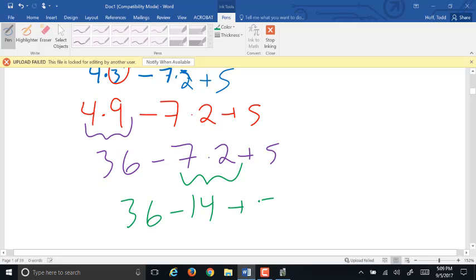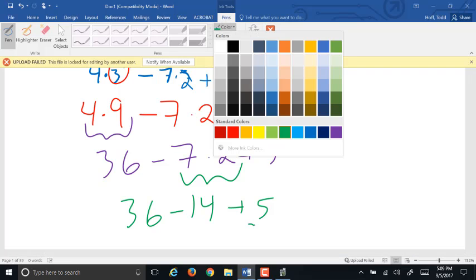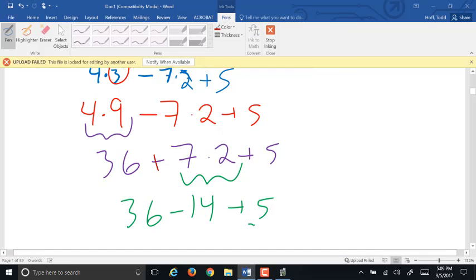Now I get asked here all the time, why did I treat that as a positive 7 times 2, even though there's a minus in front of it? When up above it was 5x times the parentheses, why did I treat that as a negative 5x and multiply it through? Well, I could treat this as a negative 7, but then I'd have to make this plus a negative 7.